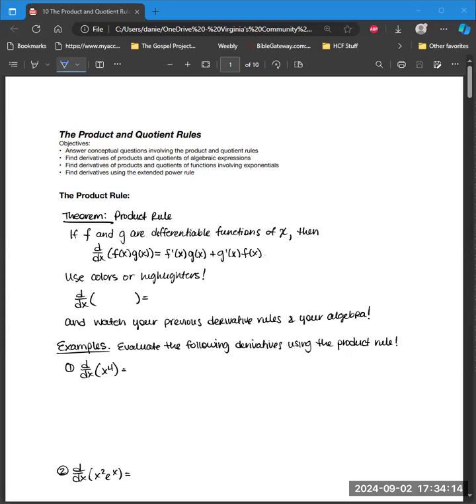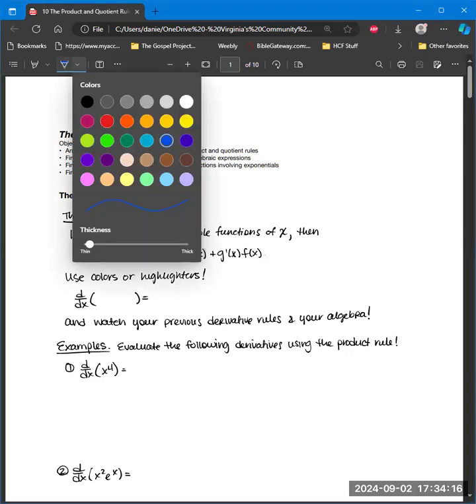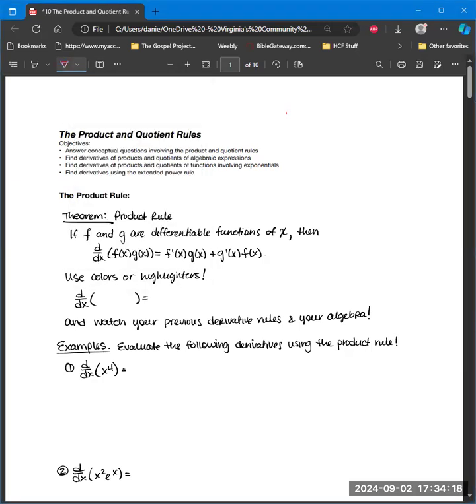So first things first, let's tell you what the product rule and the quotient rule are not. It's not that the derivative of the product is the product of the derivatives. Do not do this. This is wrong.